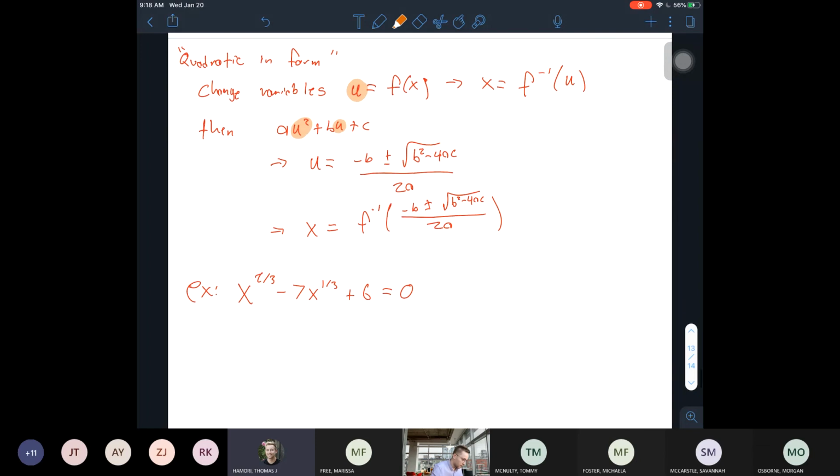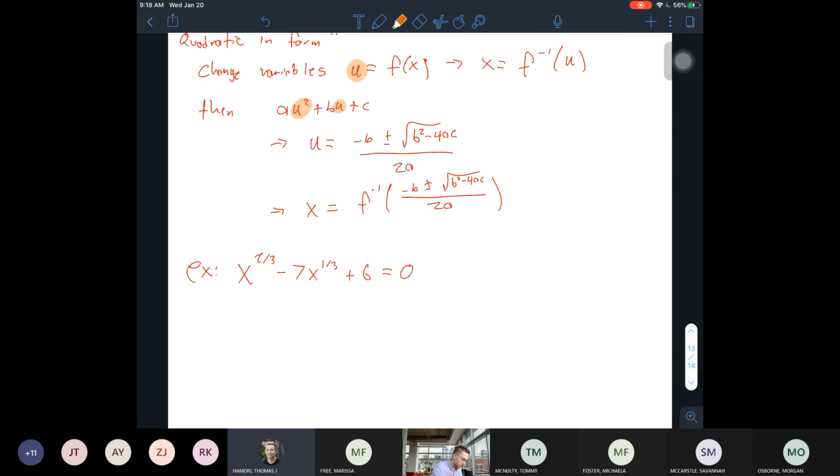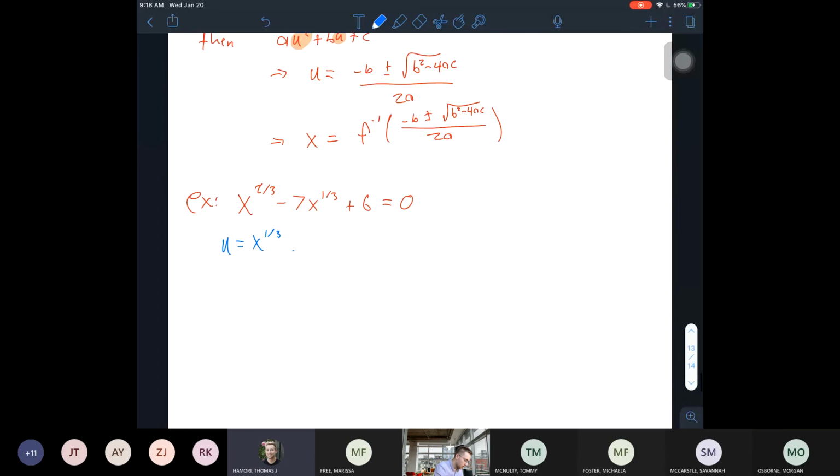So in our case, we should pick u to be equal to x to the 1/3. Then we rewrite this equation as x to the 1/3 squared minus 7 x to the 1/3 plus 6 equals 0.